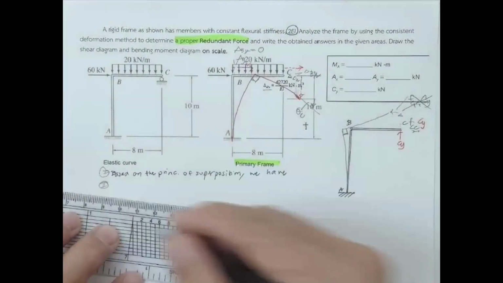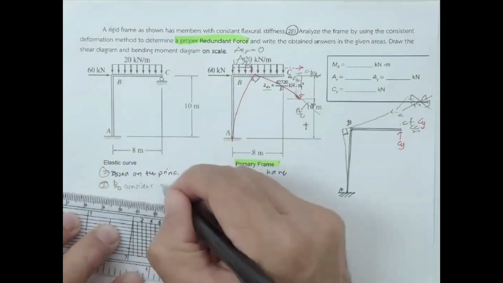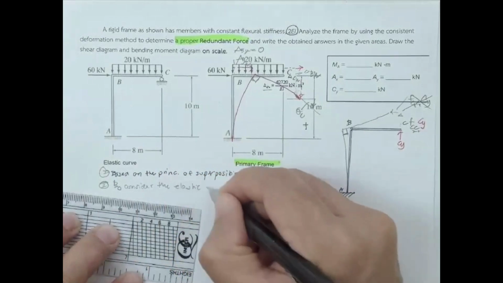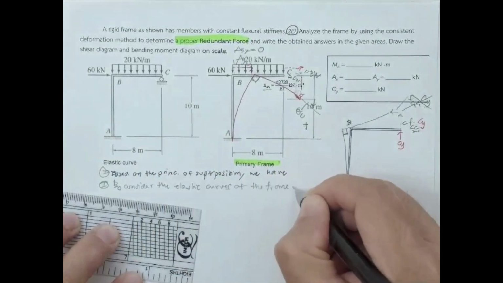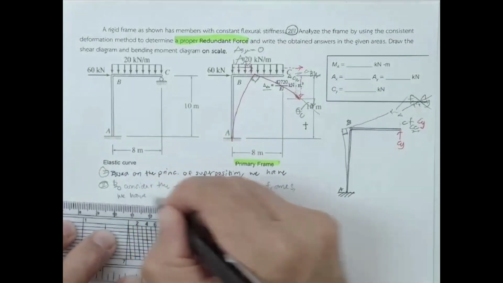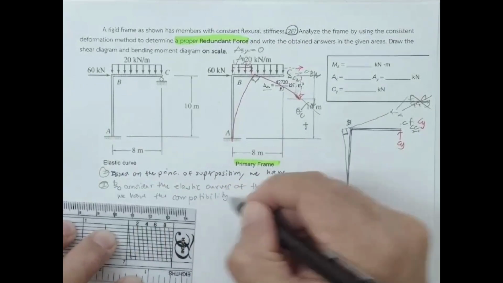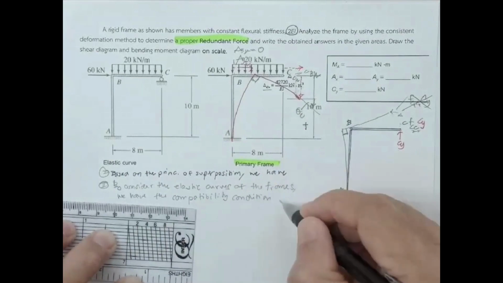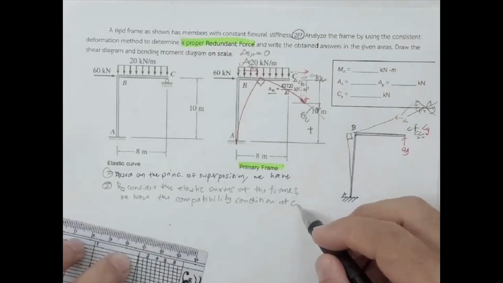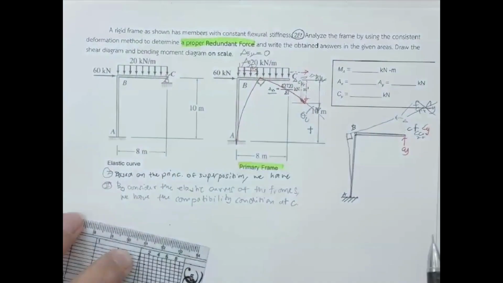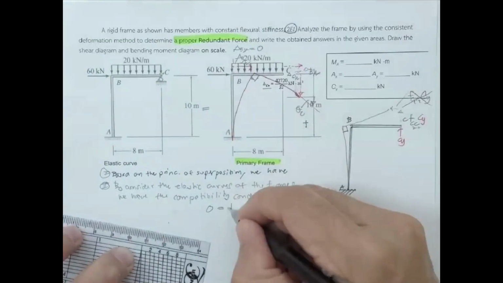So by considering the elastic curve of the frame, we have the compatibility condition at C. By putting this in, we have 0 equal to this one, which is going to be downward.